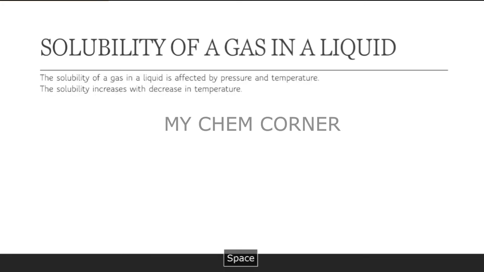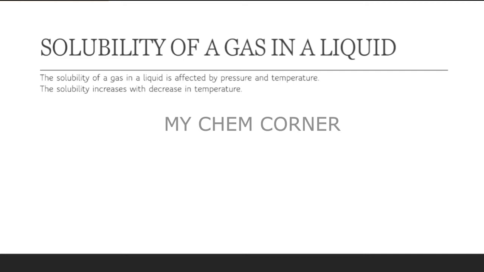So here, solubility of a gas in a liquid is affected by change in pressure and temperature. In this case, gases are active at a very high temperature, so what you do is decrease the temperature. When you decrease the temperature, it will easily have solubility. When you start increasing temperature, what is happening? The system is already active. You increase the temperature, and to balance it out, it's going to decrease the solubility.